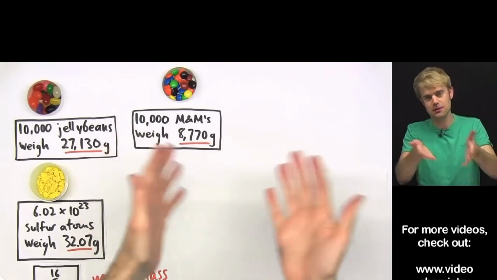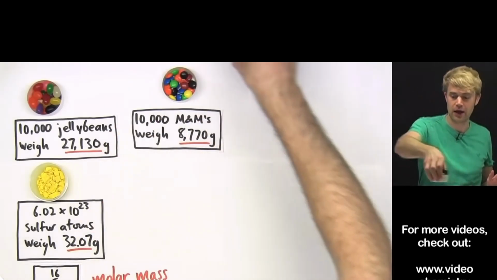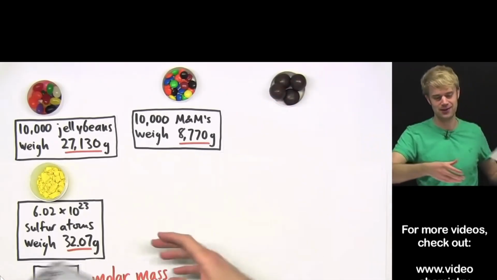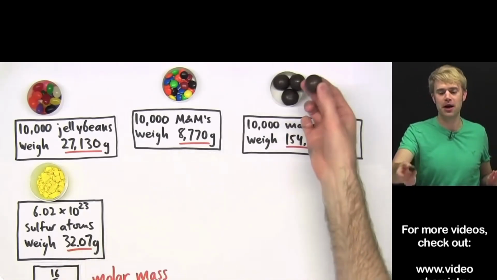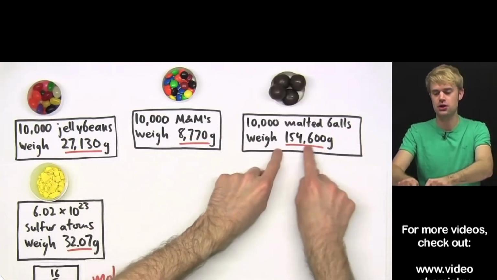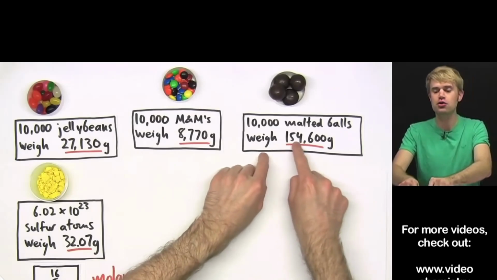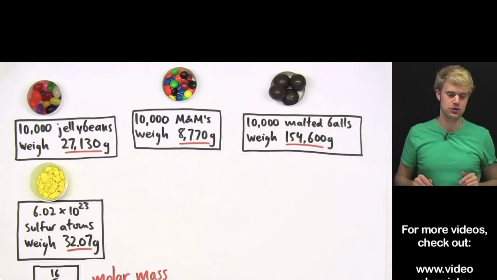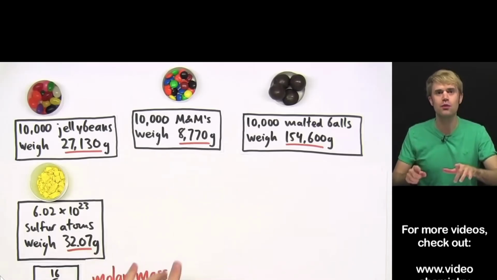On the other hand, a candy like one of these chocolate malted balls, very delicious, is a bunch heavier than the jelly beans. So 10,000 malted balls are going to weigh a bunch more, 154,600 grams.